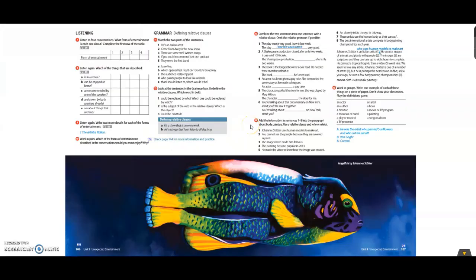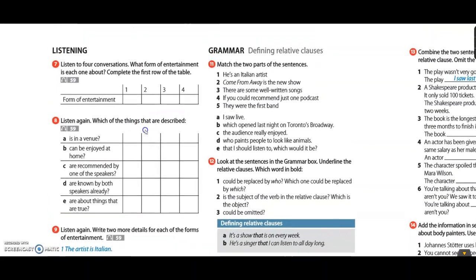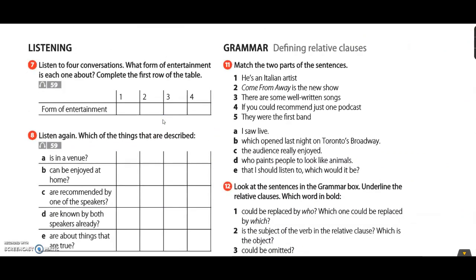Okay, guys, so now on page 106 we have these exercises. Let's complete them. Let's go to exercise number 7. The instruction mentions this: we have to listen to 4 conversations. What form of entertainment is each one about? Complete the first row on the table.